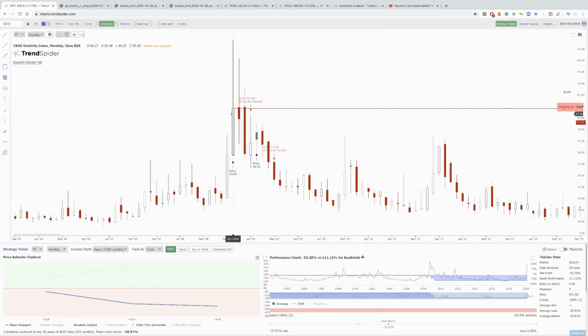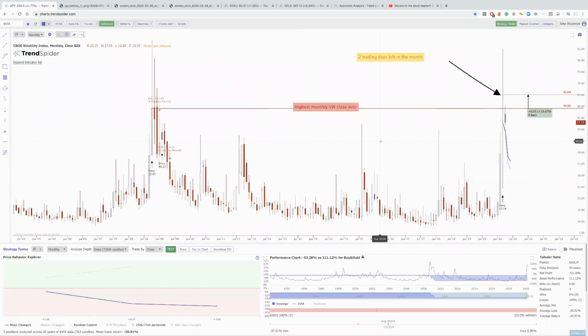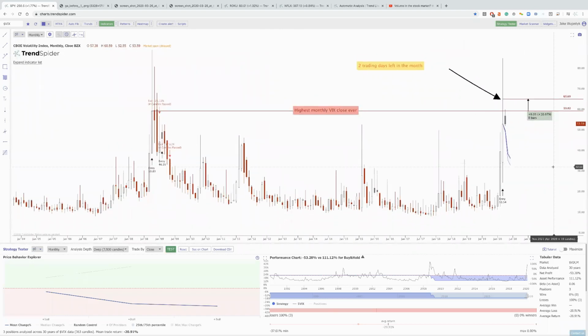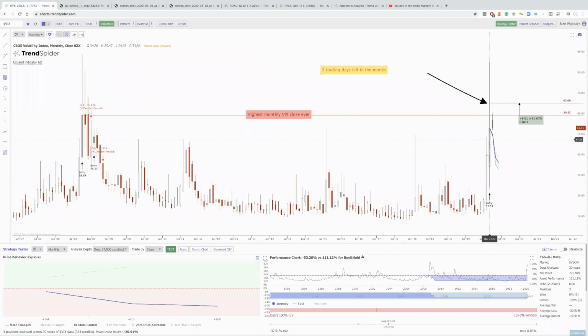This was a monthly close above 45, and then after 3 candles, your return was negative 25%. Here's our next entry over a close over 45 on the monthly candle, and then after 3 months, a negative 37% return. So this allows you to use these historical moves to see what's currently going on. Notice here, we recently just had a monthly close over 45.